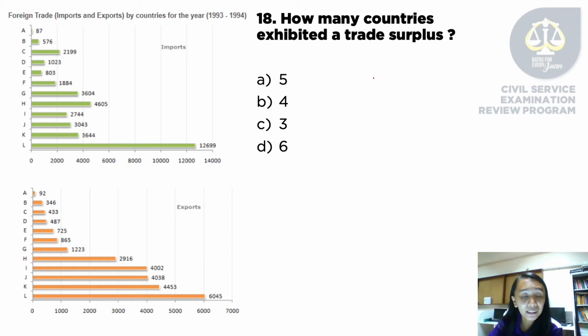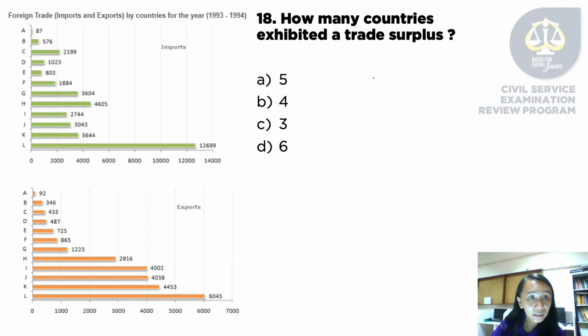Which are those four countries? Let's look at them one by one. Country A, is it a trade surplus or trade deficit? It is a trade surplus. Country B, 576,346, that is a trade deficit. For country C, 2,199,433, again a trade deficit.